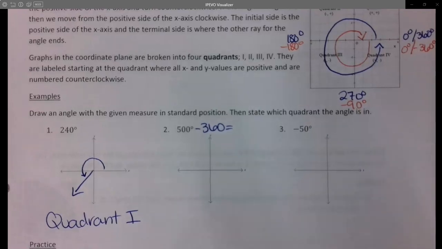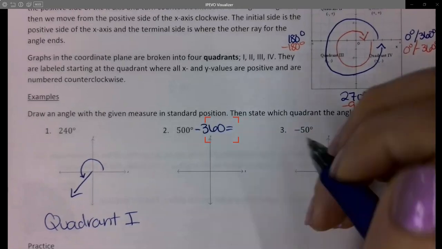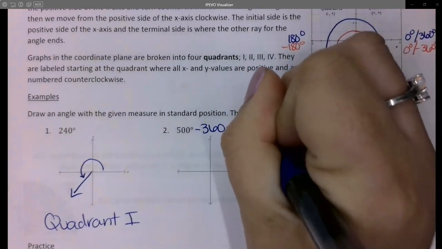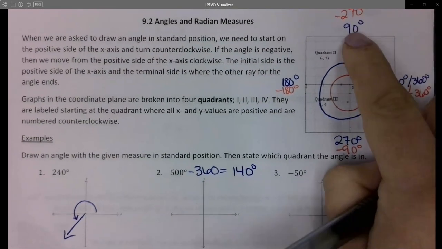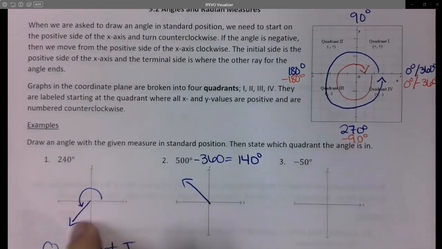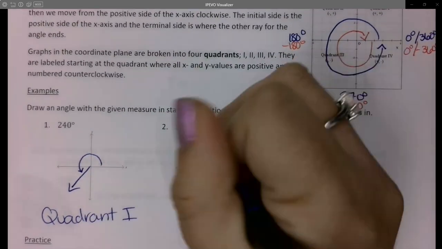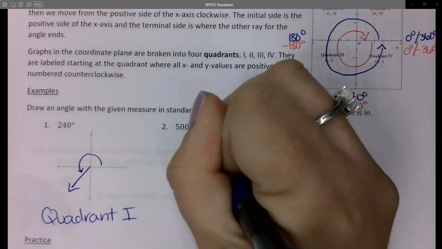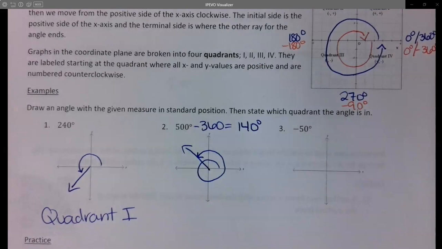Then this will give me 140. So 140 is between 90 and 180. It's going to be here. And then when I draw my arrow for my direction, I'm going to make a complete circle because I've gone around once and then I end it. Kind of like a spiral.